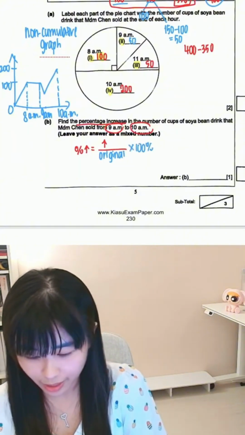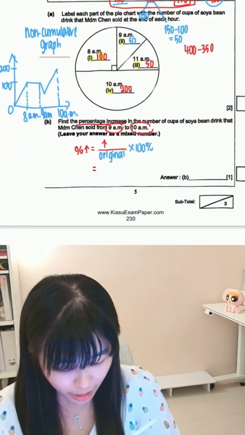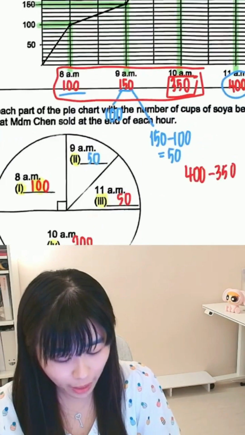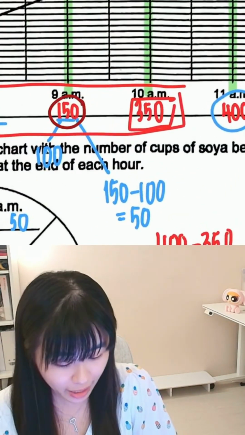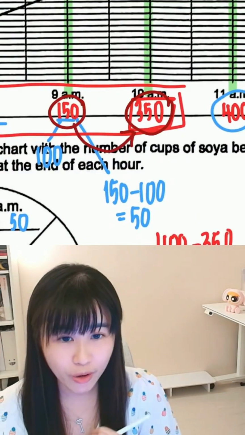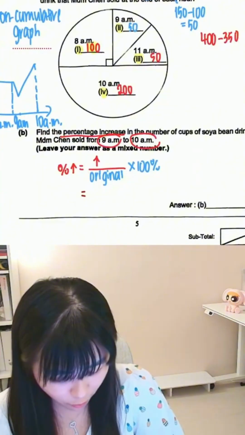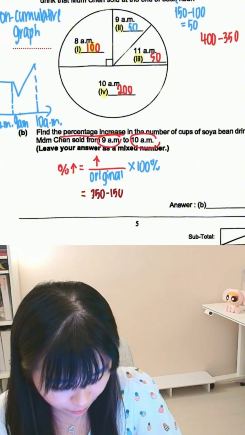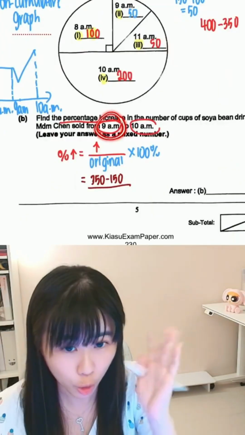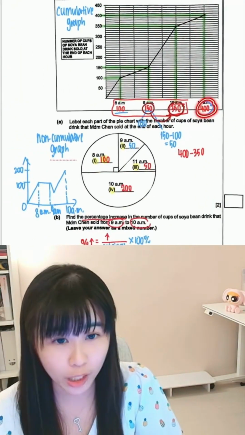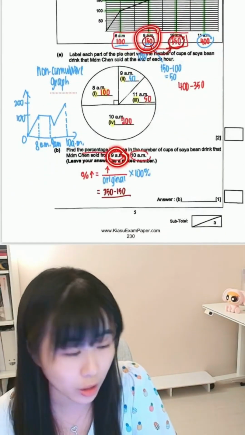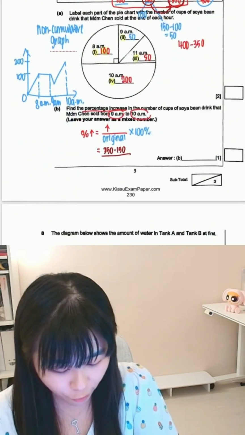So what is the increase from what she has sold from 9 a.m. to 10 a.m.? 9 a.m. is 150, 10 a.m. is 350. So the increase from 150 to 350 is 350 minus 150, over original. The original must be from your 9 a.m., not your total. If you think total, then you will think 400 or some other number. No, from 9 a.m. means your 9 a.m. is the original, which is 150.